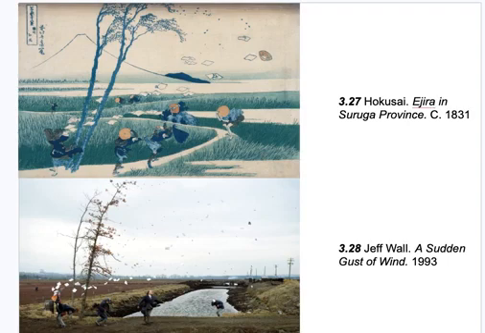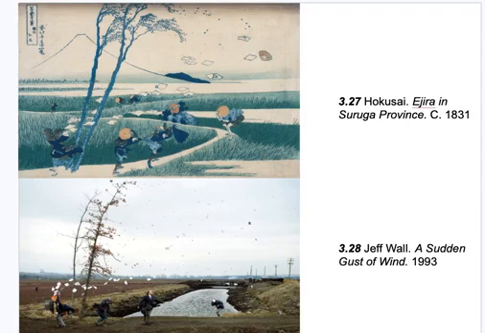So there were actually 36 paintings showing 36 different views of Mount Fuji. They all have that common thread of the mountain in the distance. So yeah, Jeff Wall does not have the mountain. So he's clearly thinking about Hokusai's painting.